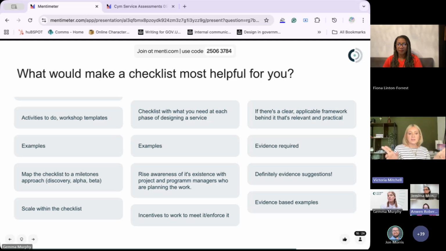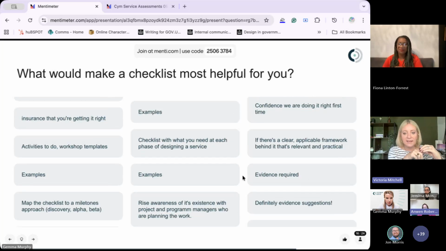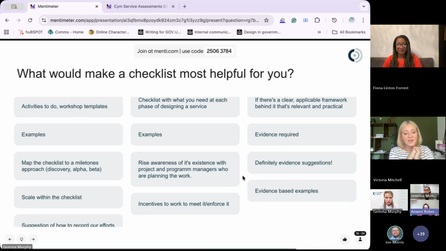You could point, but you can see it on your screen. Examples, evidence, yes, exactly. Evidence suggestions, evidence-based examples. We need something to benchmark against maybe.